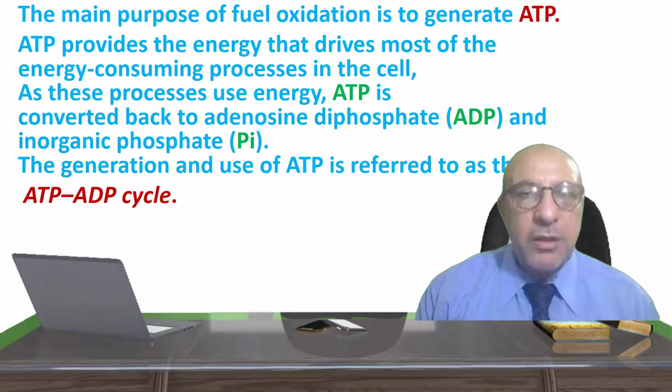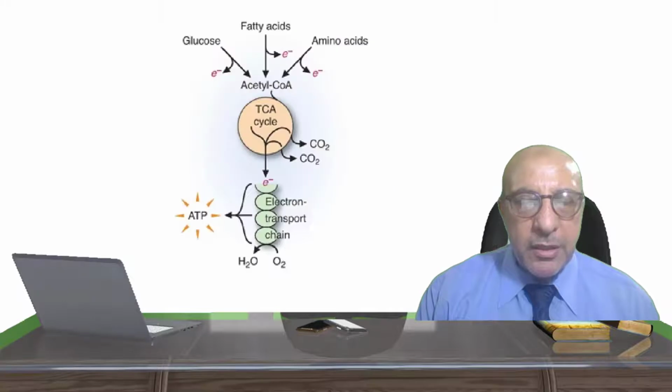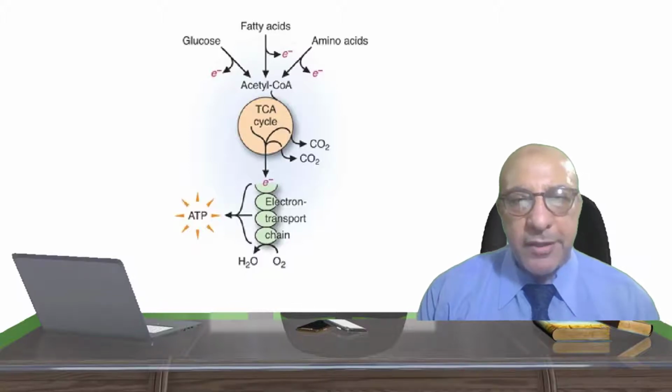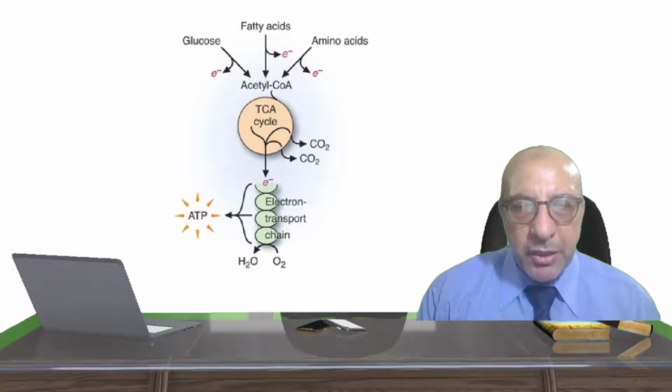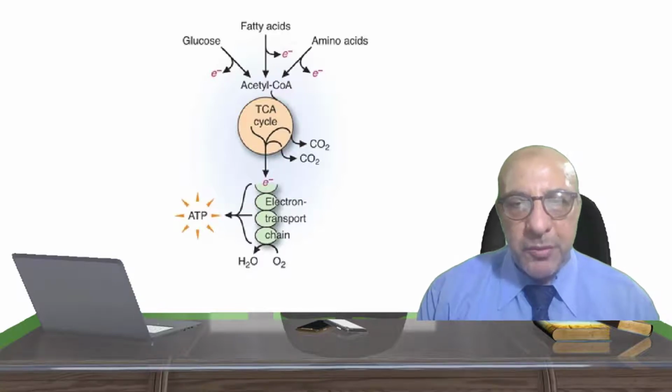As we can see here, fatty acids, glucose, and amino acids pass to formation of an intermediate component, acetyl coenzyme A, which enters into what we call the tricarboxylic acid cycle, also known as Krebs cycle, for the generation of energy stored in the form of ATP and production of end or waste products as carbon dioxide and water.